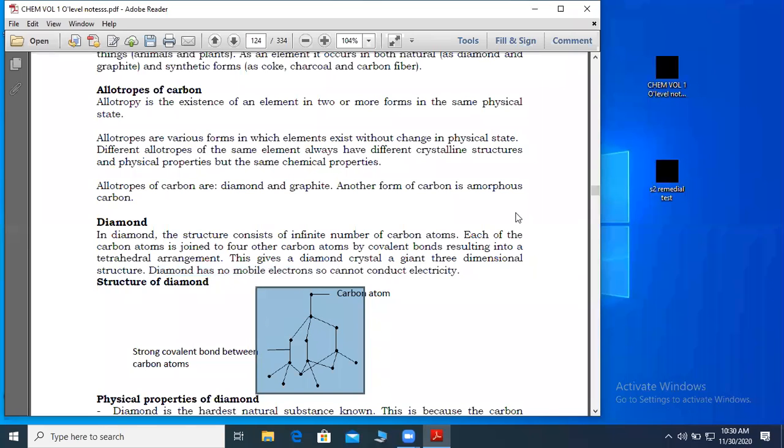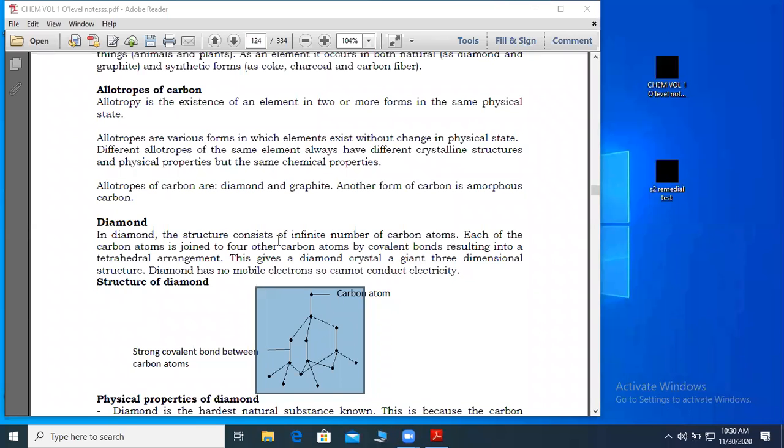Because of this, this also answers a question when we ask you to explain why diamond is hard and heavier than graphite. You again start from here.